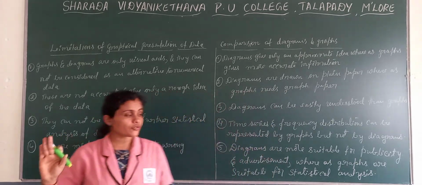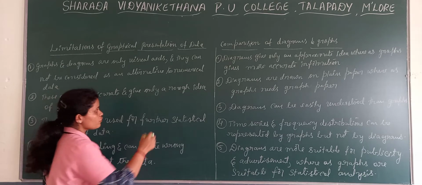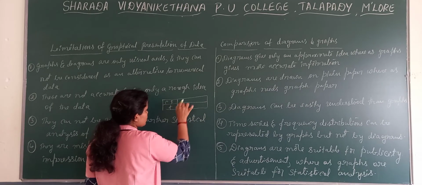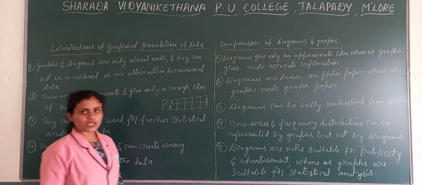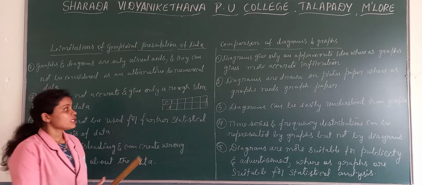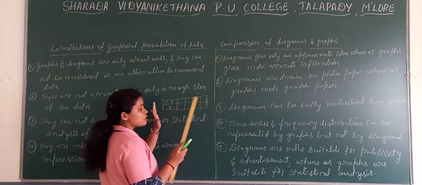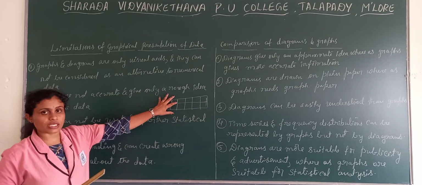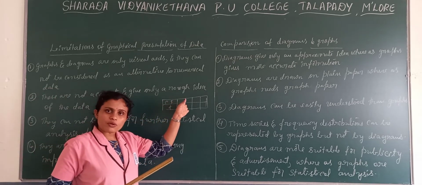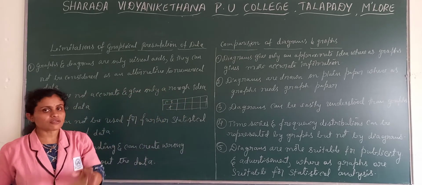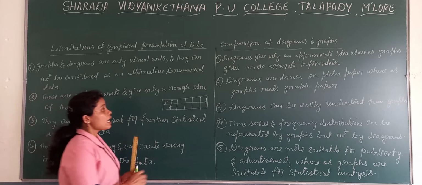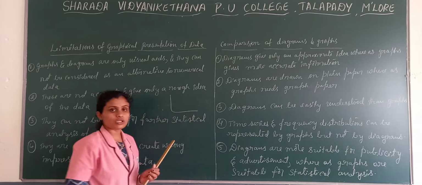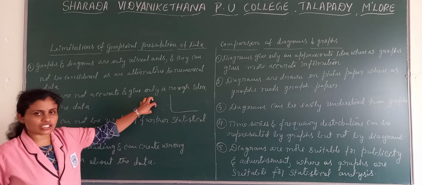For example, what we represent in the form of a graph, we get in the form of a table, with class intervals and frequencies. This we represent in the form of a graph. We cannot consider the graph an alternative to tabular information. The tabular information will be there, and we plot that information on the graph, but we cannot plot only a graph without having a tabular presentation of data.